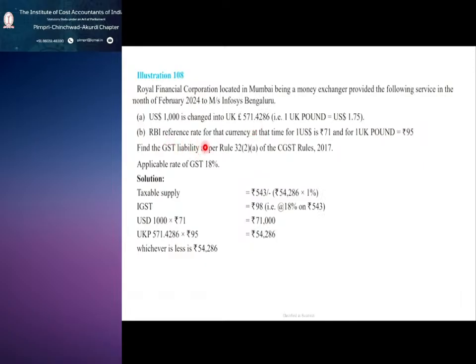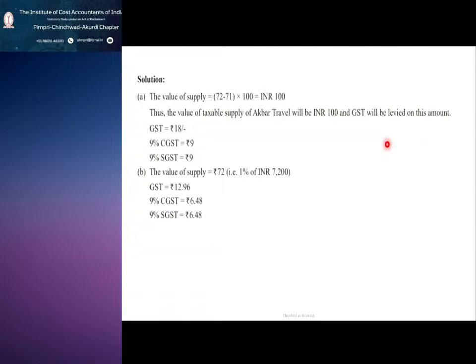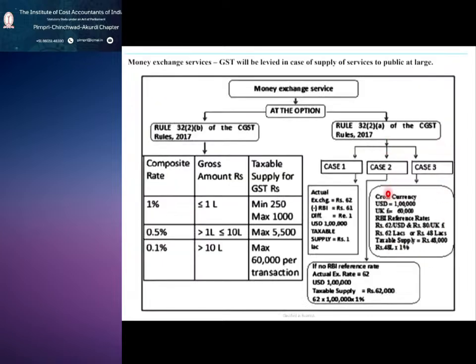The RBI reference rate at that time: US dollar is 71 and UK pound is 95. So you have the cross currency of US dollar and UK pound. One minute, I will go back to this structure here. It is for case 3, cross currency. So how do we need to calculate?